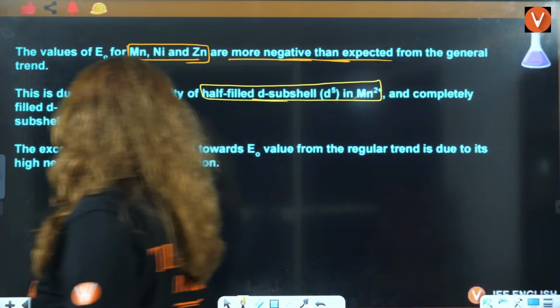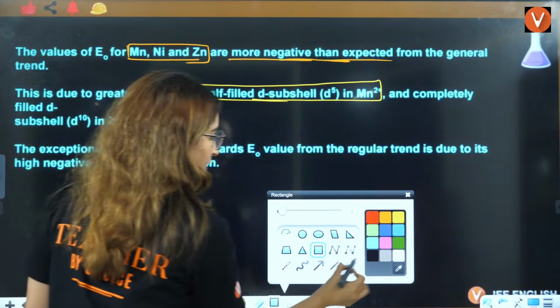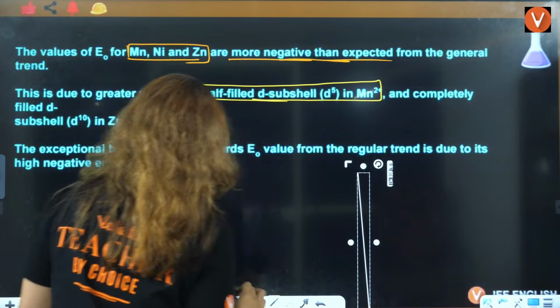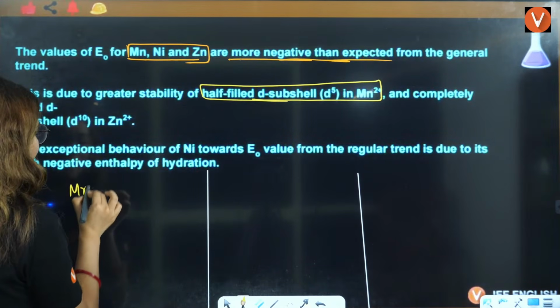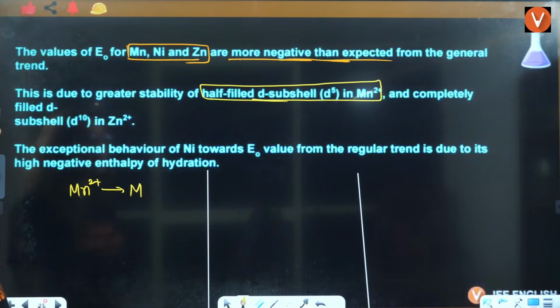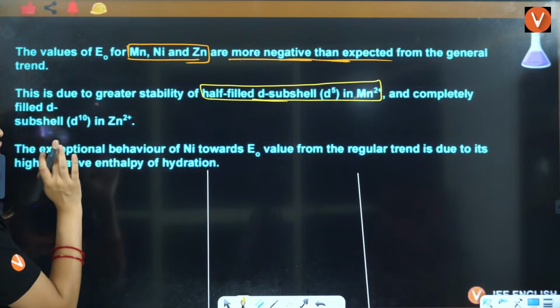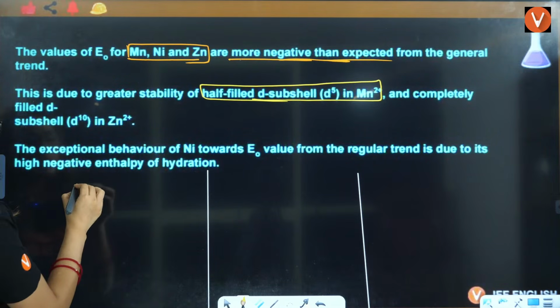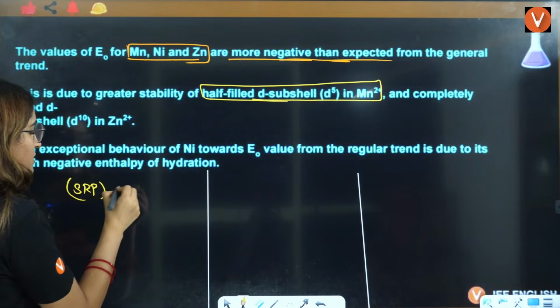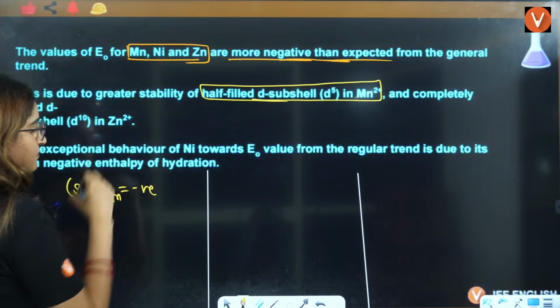Now, I'll divide it into three sections. First is manganese. From Mn2+ to Mn, this is negative. The standard reduction potential of manganese is negative.